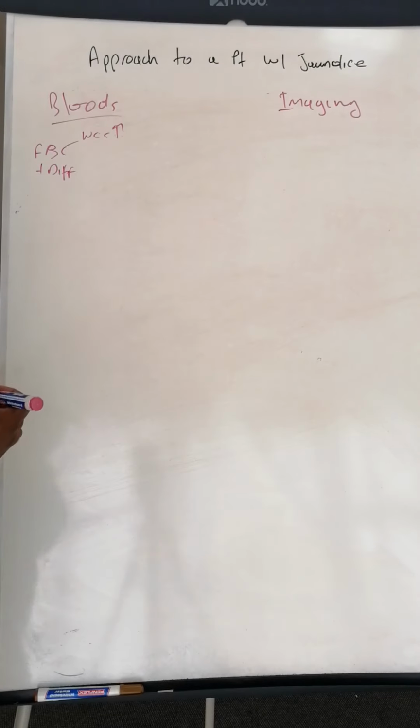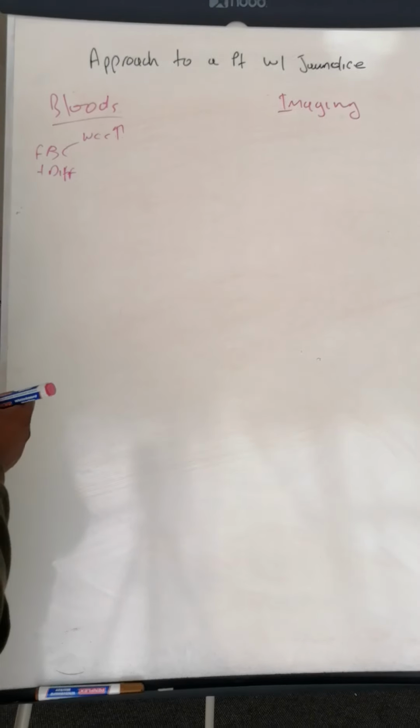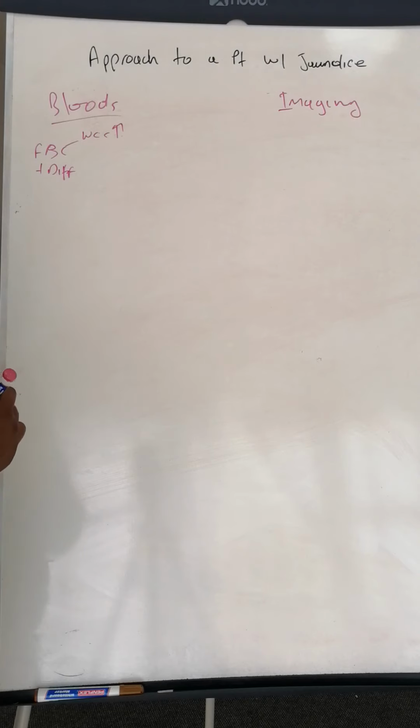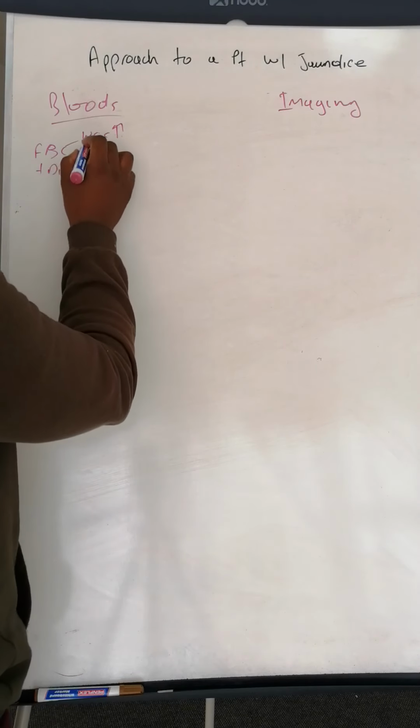We might have a high white cell count and also neutrophils, which means we also have a bacterial infection happening, especially in the case where we have cholangitis. So we might have neutrophils being elevated and also lymphocytes being elevated. So that's the white cell part.